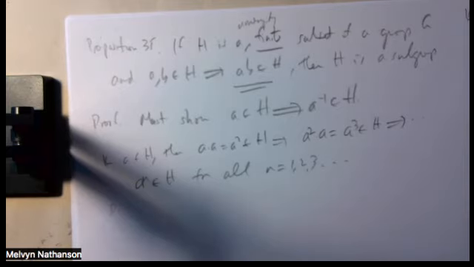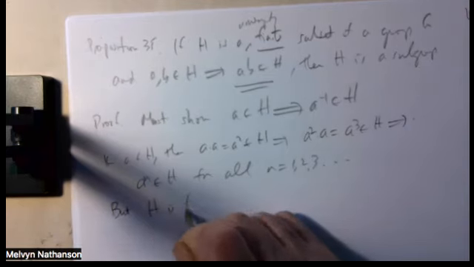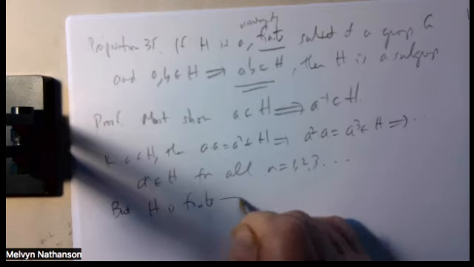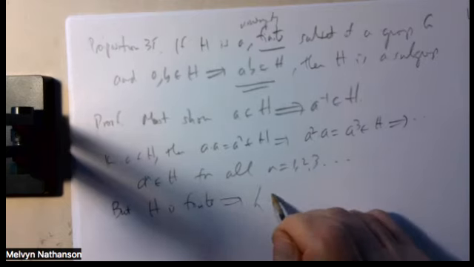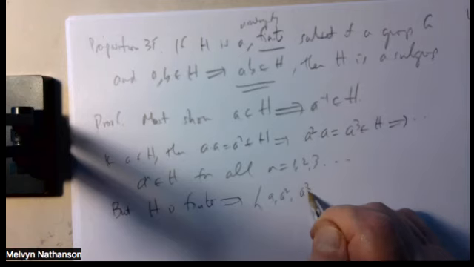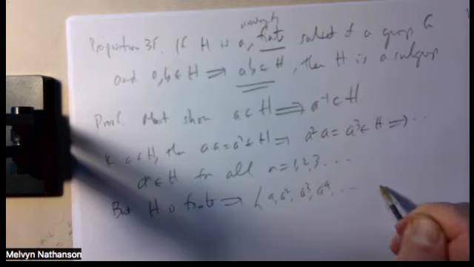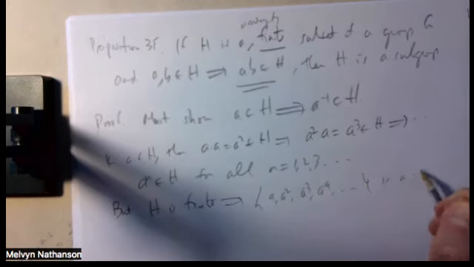But this is the important point: H is finite. So this set of powers of A is a finite set, because it's contained in H, which means they can't all be different.